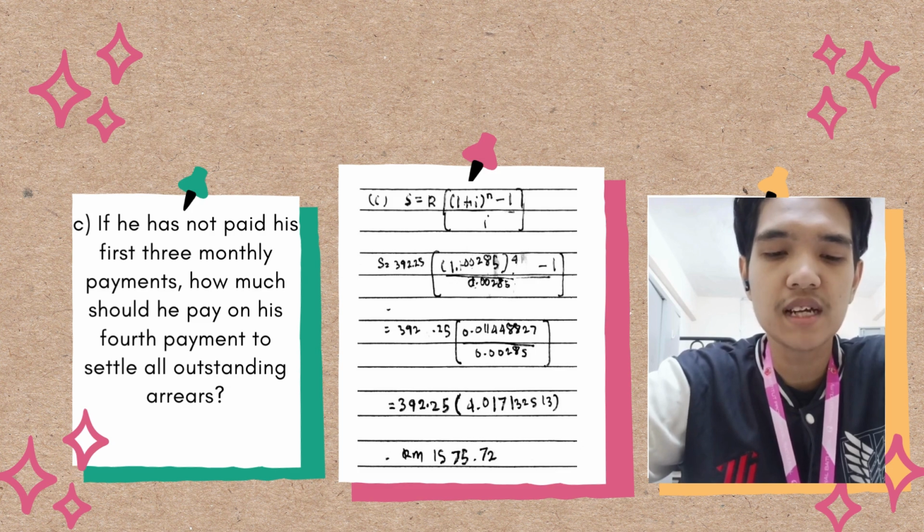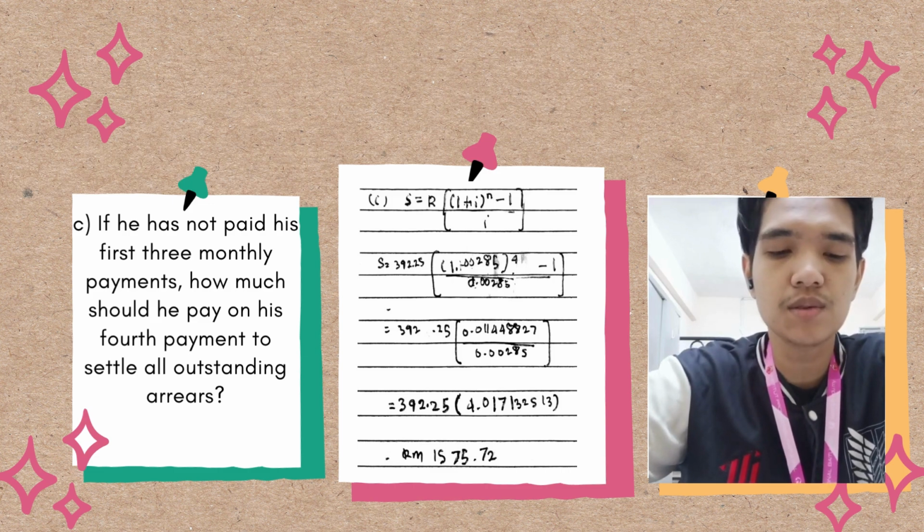open bracket 1 plus 0.0342 over 12 close bracket power 4 minus 1 divided by 0.0342 over 12 close bracket.